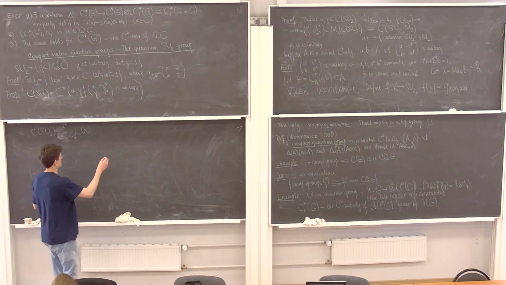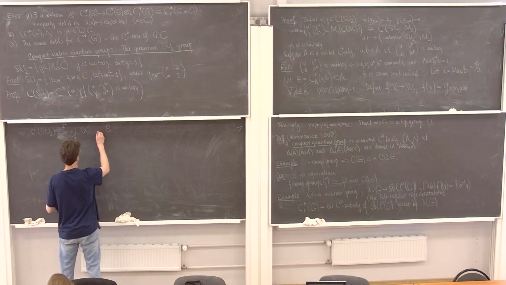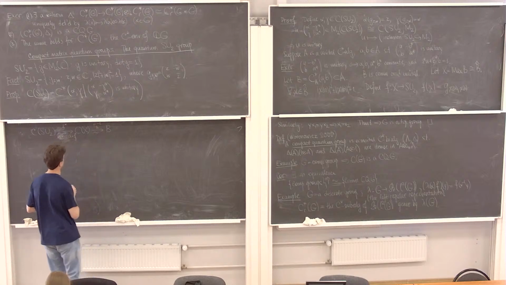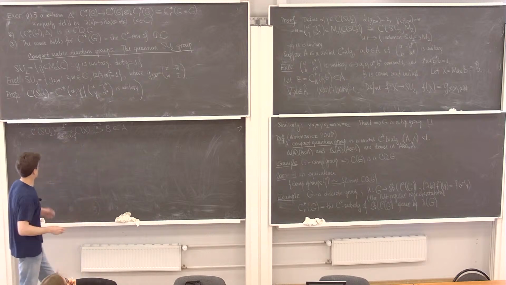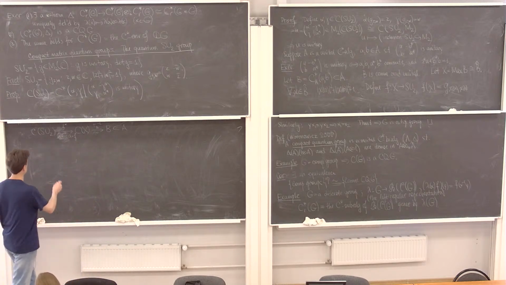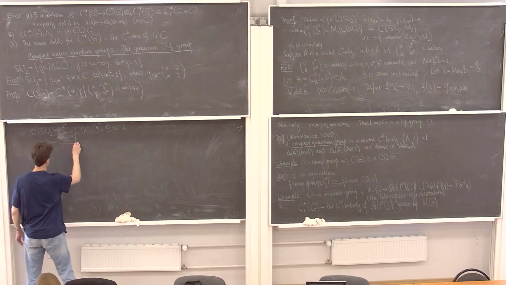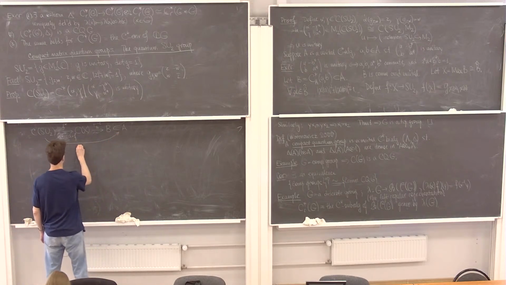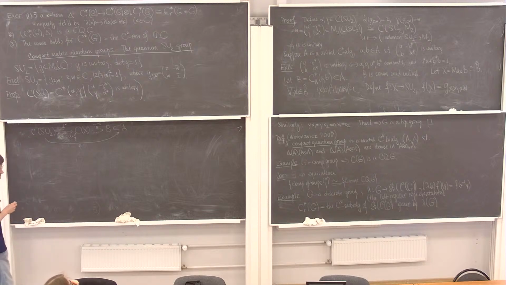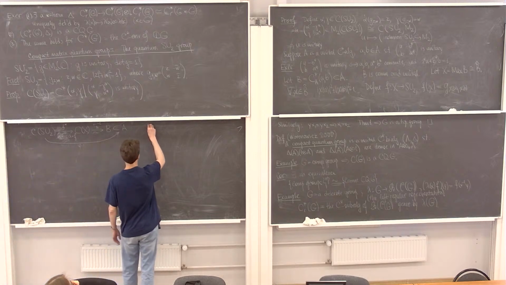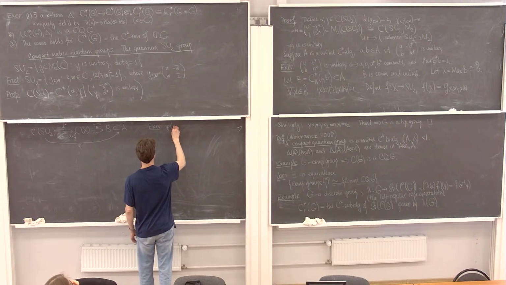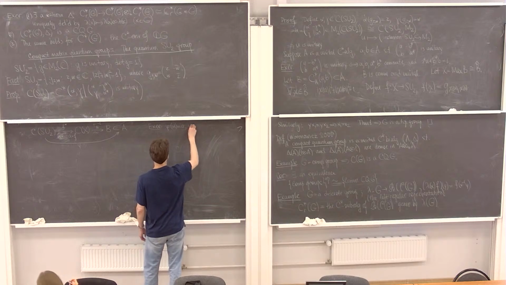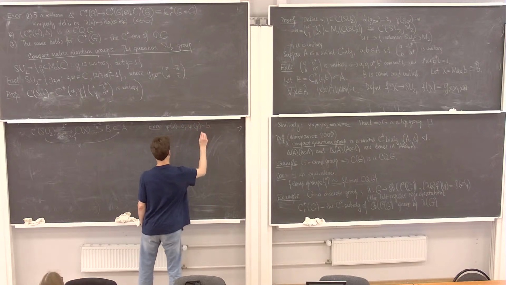C of X is isomorphic to B by means of the Gelfand transform. This is the inverse of the Gelfand transform. And B is a subalgebra of A. So if we now compose these arrows, we get a star homomorphism from C of SU2 to A. We denote it by phi. And a simple calculation, again an exercise for you, shows that phi is exactly what we are looking for. It takes alpha to A and gamma to B.